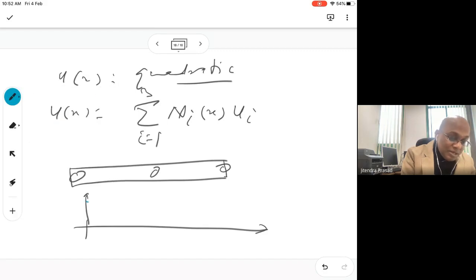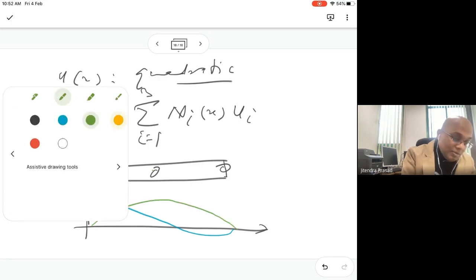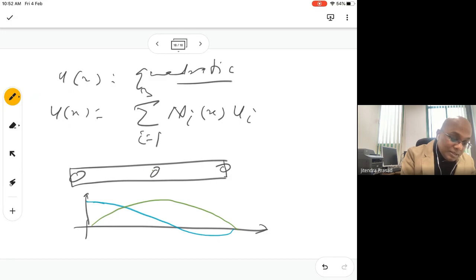The first will be going like this, the second one will go like this, and the third one will go something like this. It may be like this. Understand?